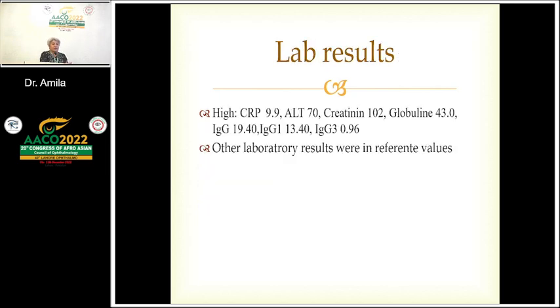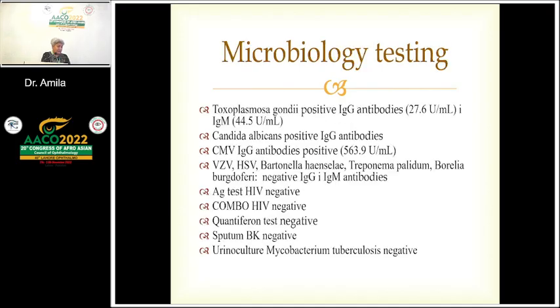In laboratory results, we have a high CRP of 9.9, ALT was 70, creatinine high, globulin, IgG, etc., but other laboratory results were in reference values.